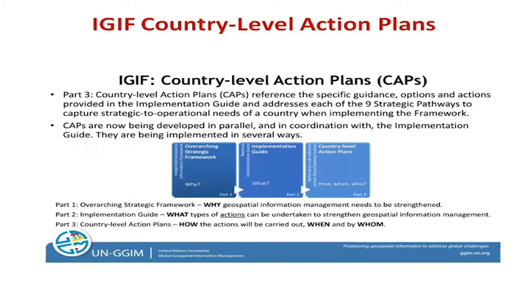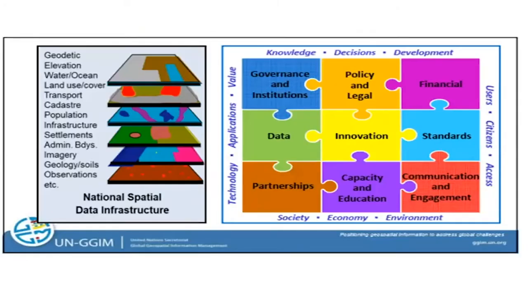The latter is what we are considering in this module. We have also seen this slide before, the link between the national data infrastructure and the strategic pathways. Just recall this.